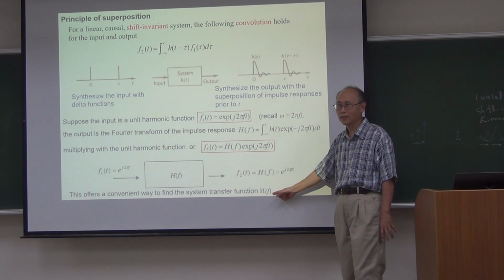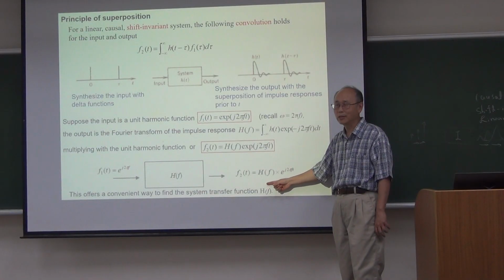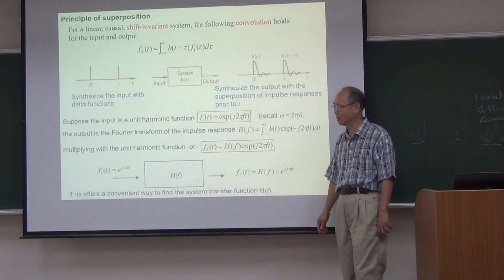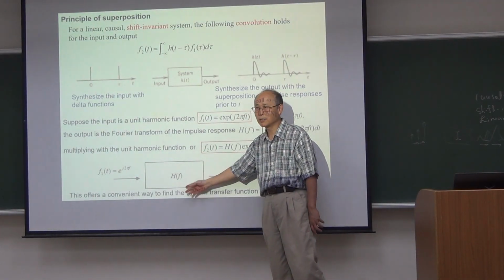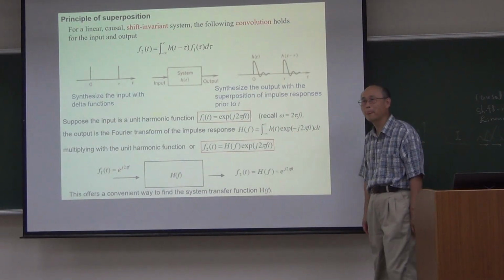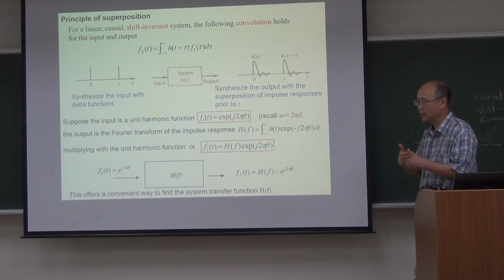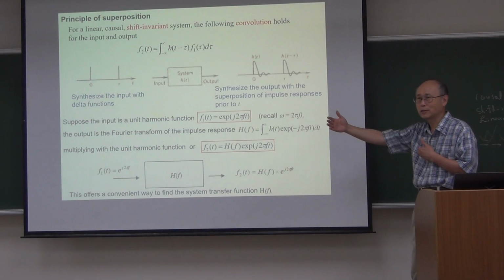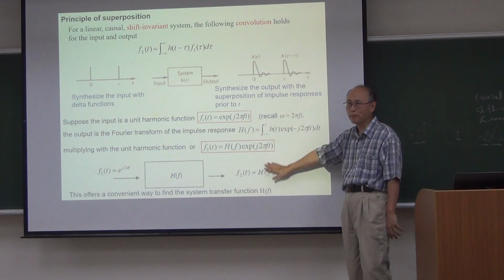And therefore, the response of the material gives you the refractive index. The refractive index is buried into this system transfer function. And then when we talk about far-field diffraction in space, and also when we talk about Fourier optics, we'll come back to this again.